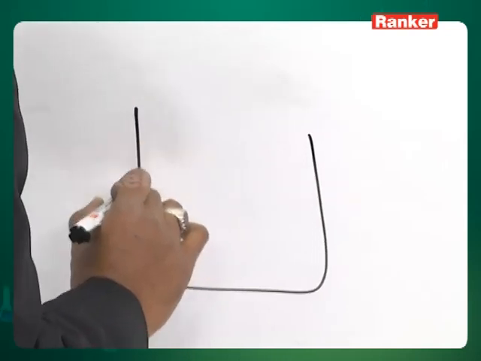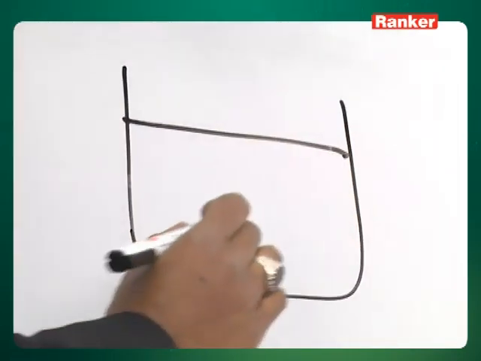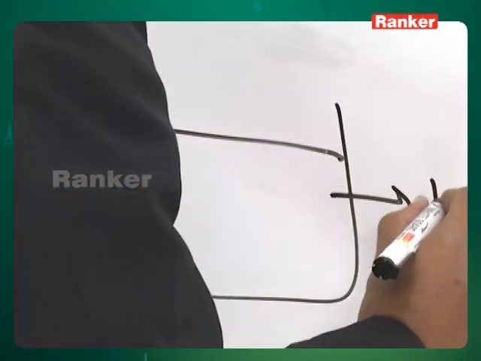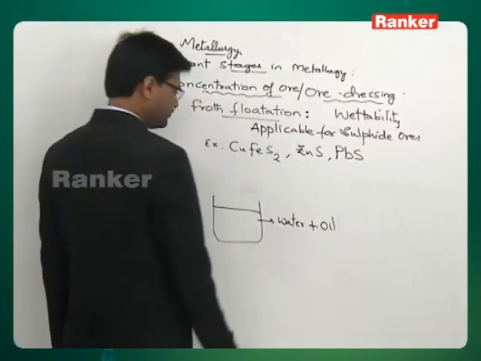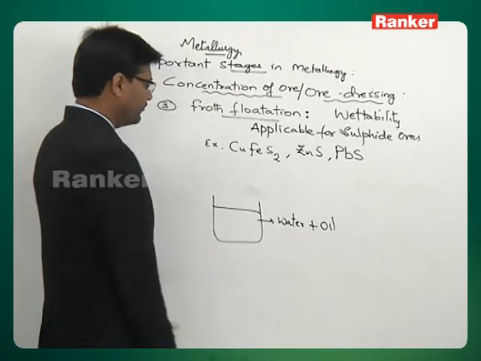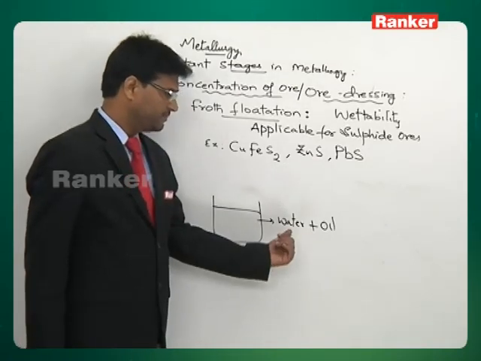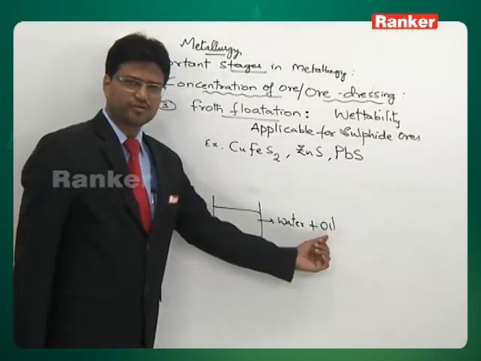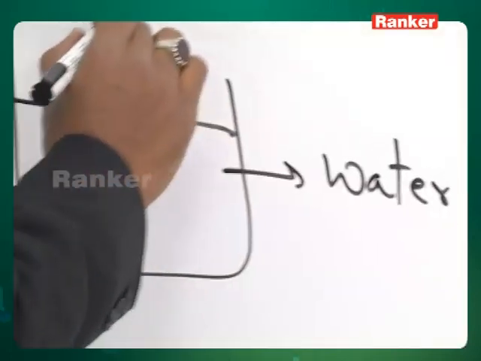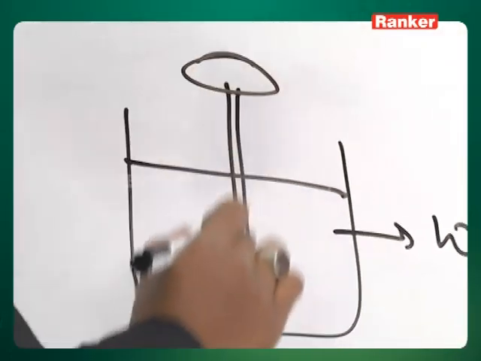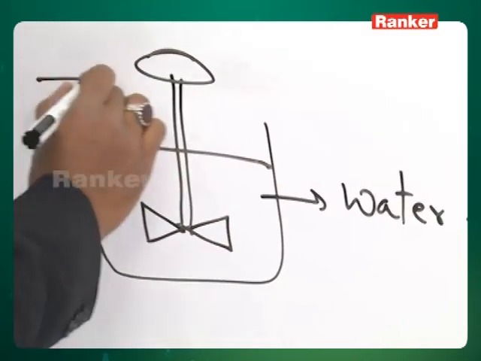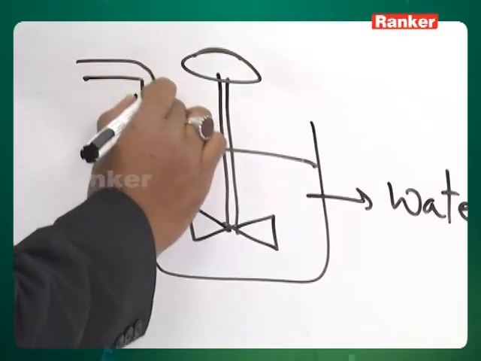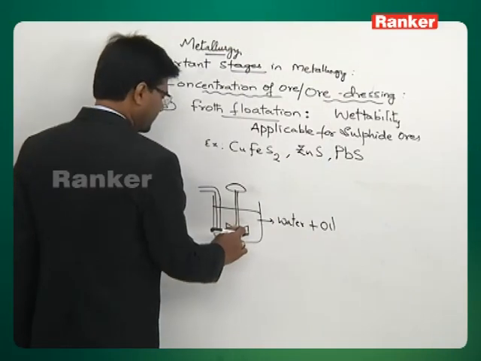You need to take a tank filled with water. This has water and oil, two substances. One is going to wet impurity, the other one, oil, is going to wet sulfide ore. This is an agitator.